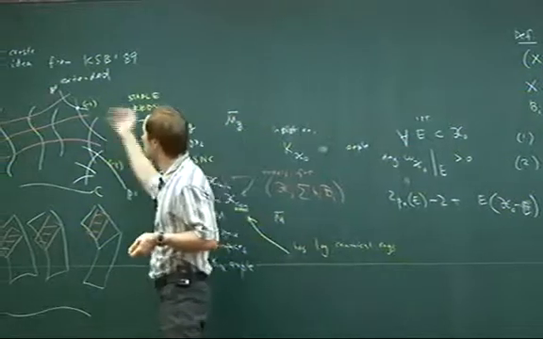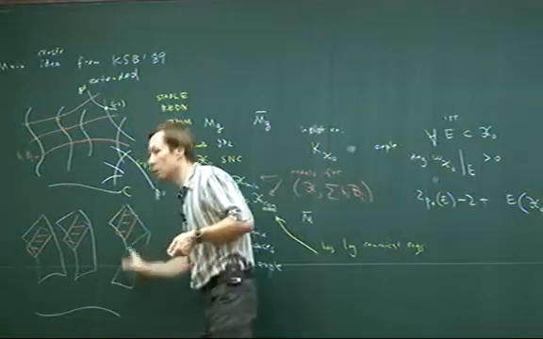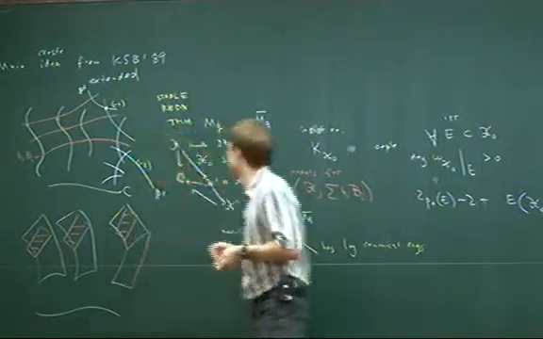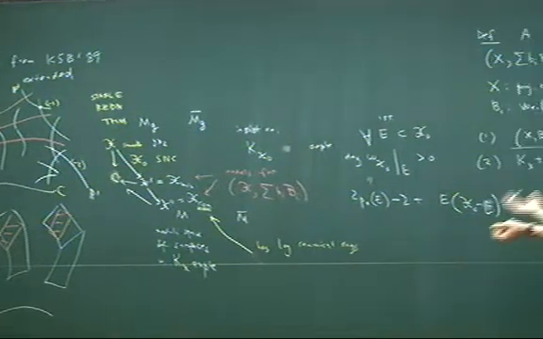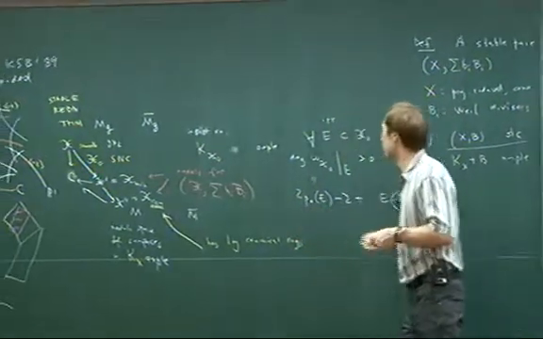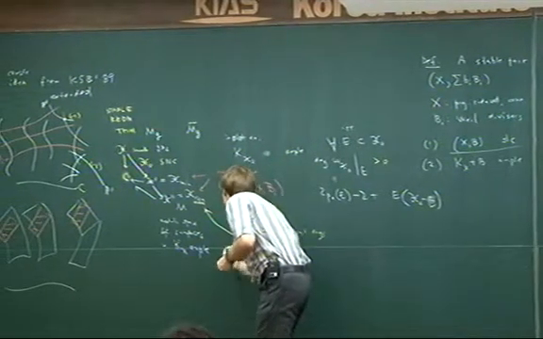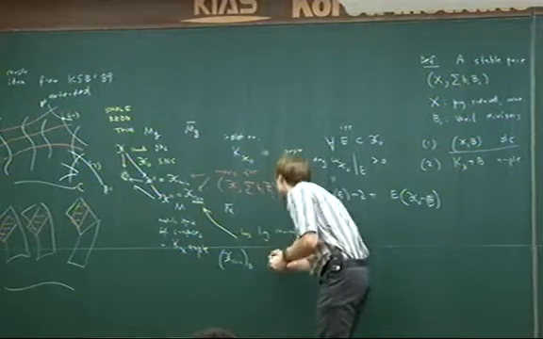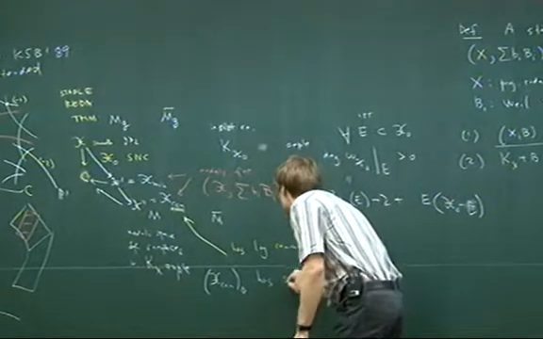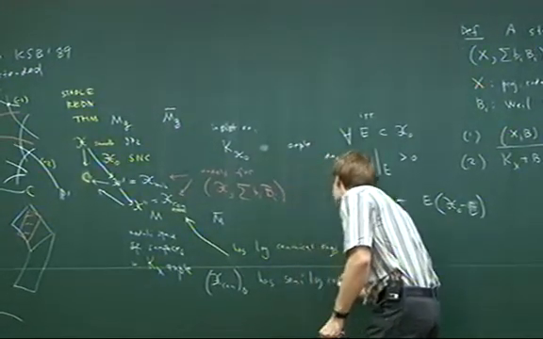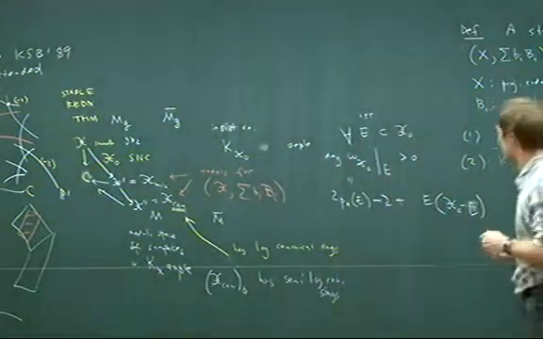And then you have to look at the central fiber, and the central fiber will be non-normal, will have several irreducible components. So you have to figure out what kind of singularities that central fiber has, and so you just call them semi-log canonical singularities.